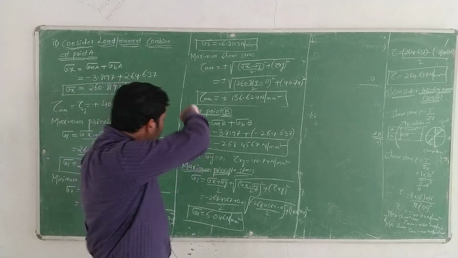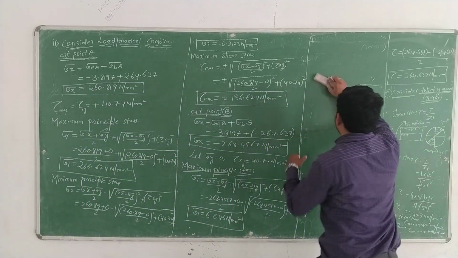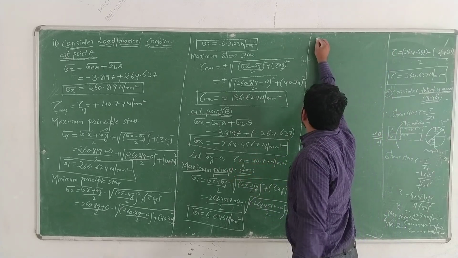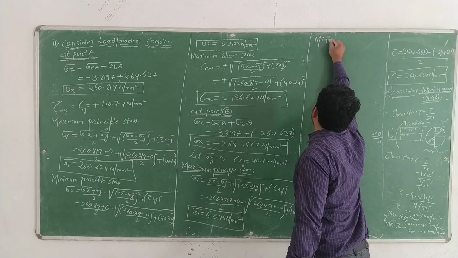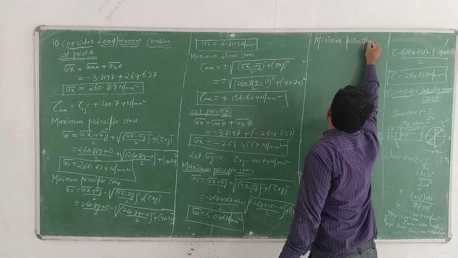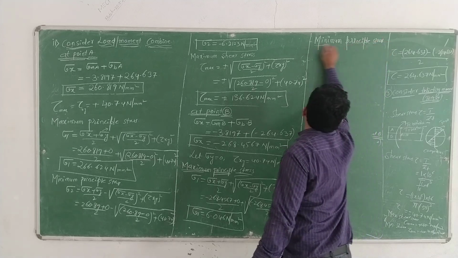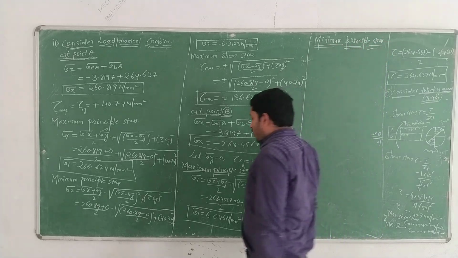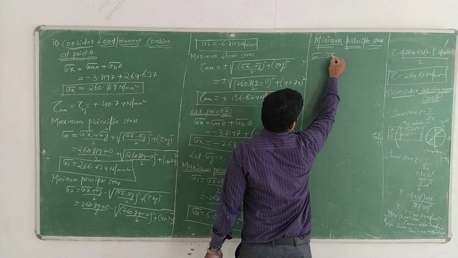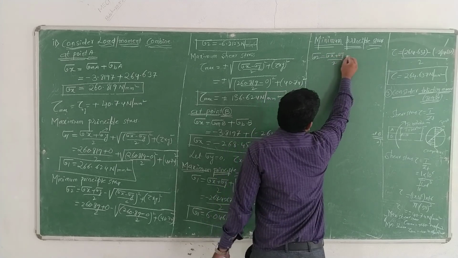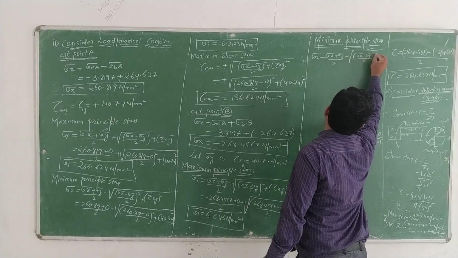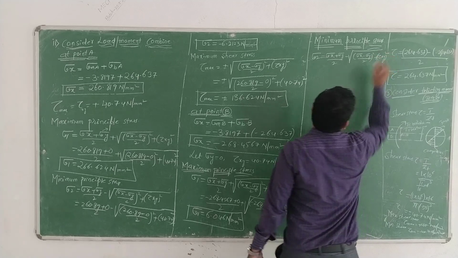Again we need to find out the minimum principal stress. To find the minimum principal stress, you have to use the formula sigma 2 equal to sigma x plus sigma y by 2 minus under root of sigma x minus sigma y by 2 whole square plus tau xy whole square.